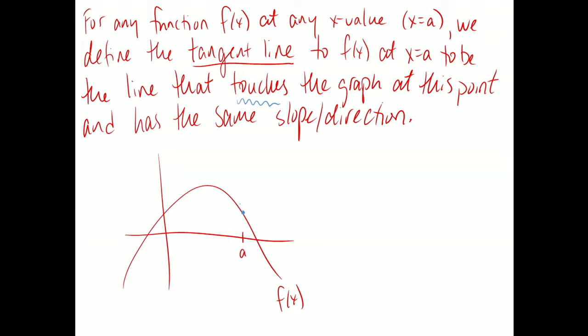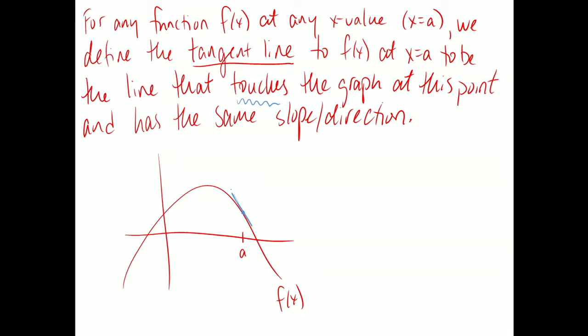All right, so I'll just draw it in blue here. It goes through that point right there, and it goes in the same direction as the graph. Something that looks like that. Because that goes through that point, and roughly speaking, to the best of my artistic ability, has the same direction as the graph, the red, does right there at x equals a.